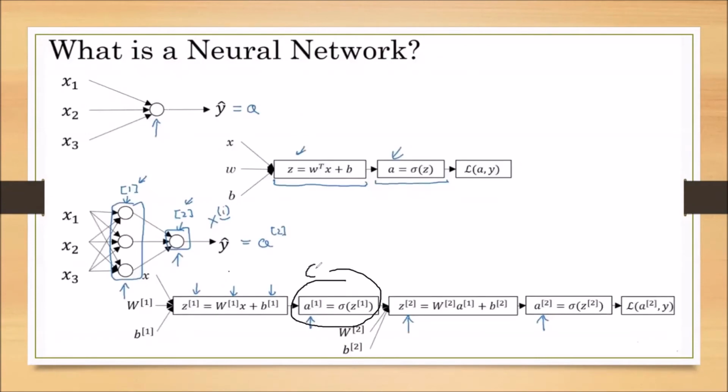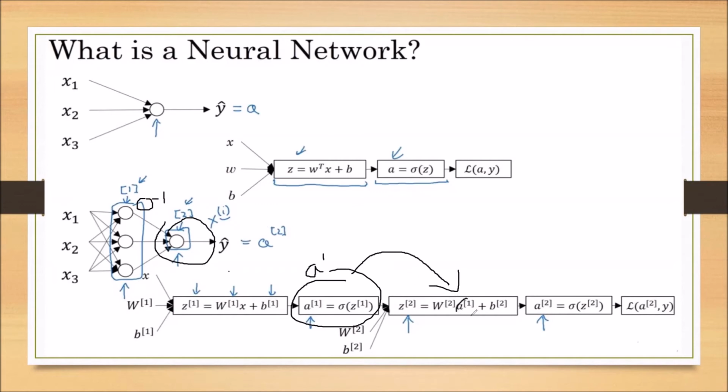After calculating the activation units of the first layer, because it is a logistic function, every output of the first layer must be between 0 and 1 only. Again, these outputs are given as inputs for the second layer. Now you observe, it is W superscript 2, the parameters of the second layer.